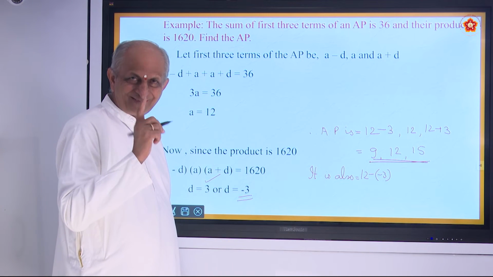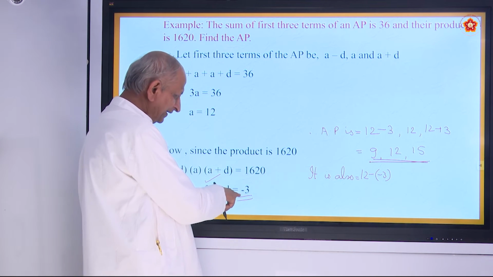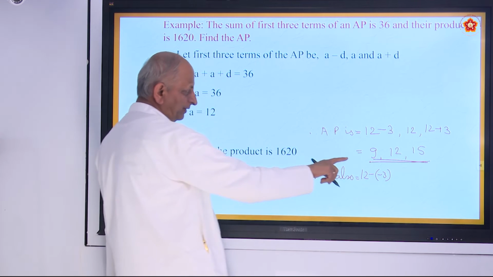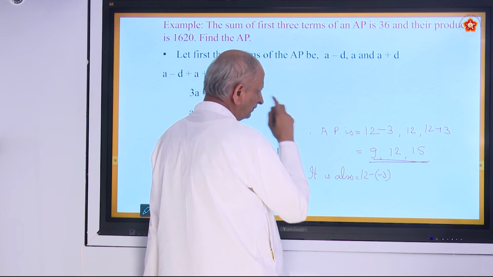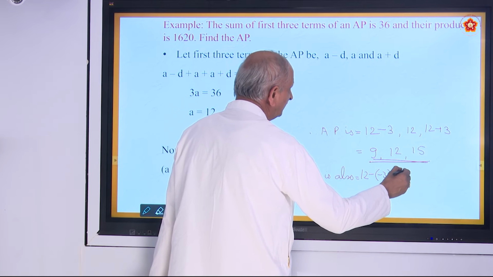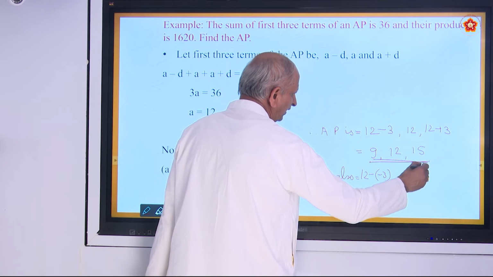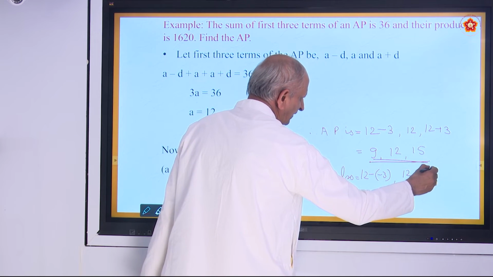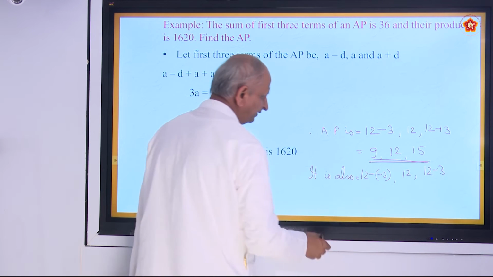Another one is 12 only, another one is A plus D, D you are taking as minus 3.